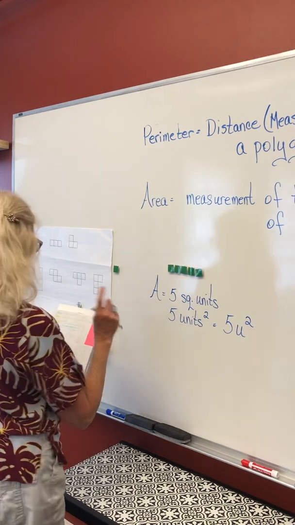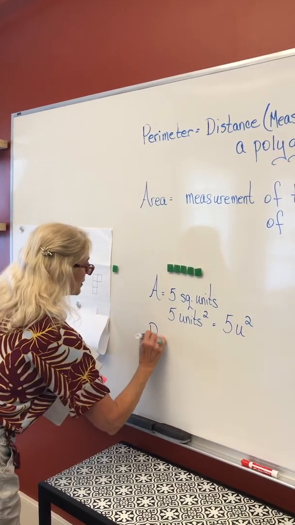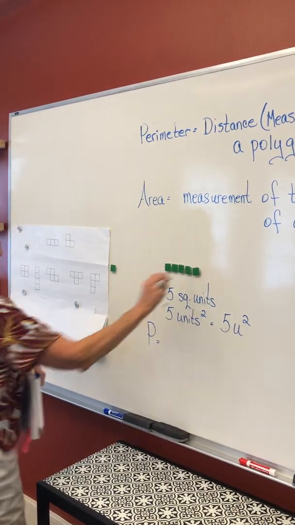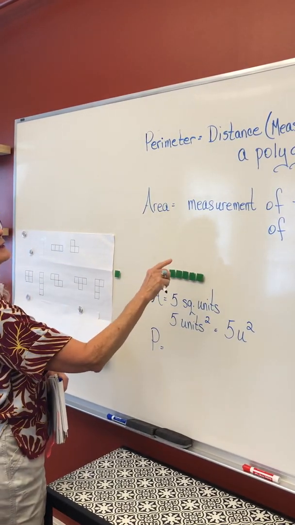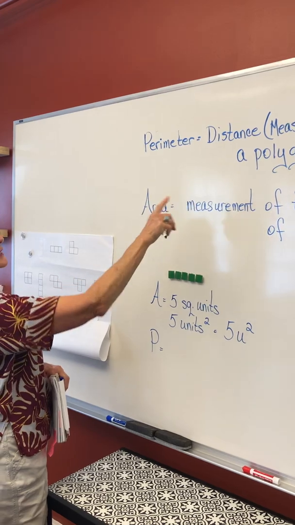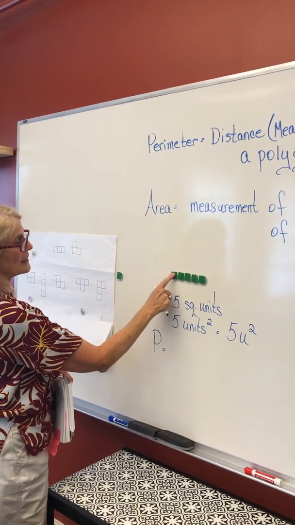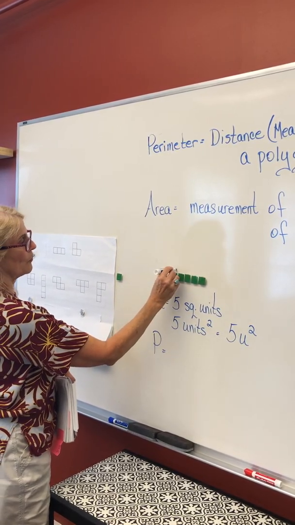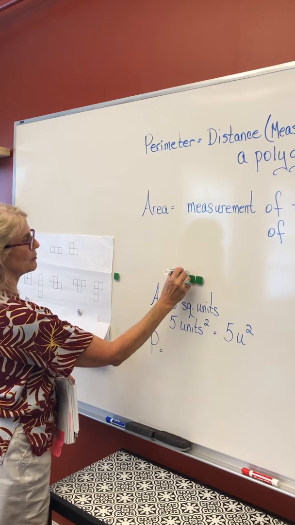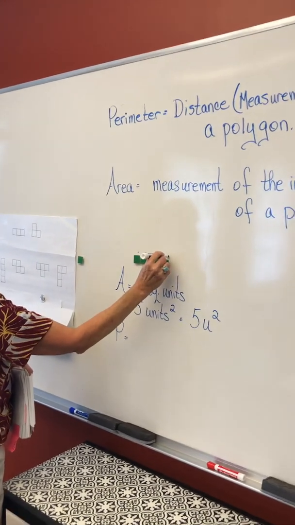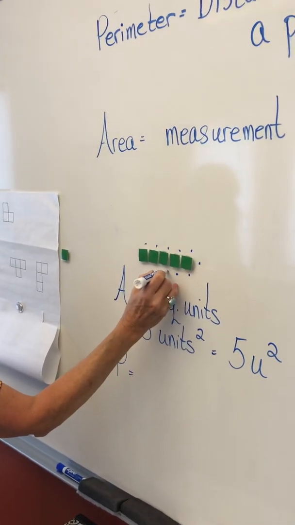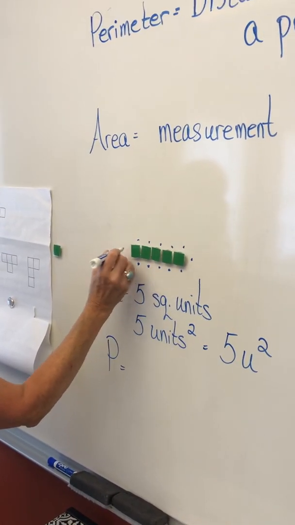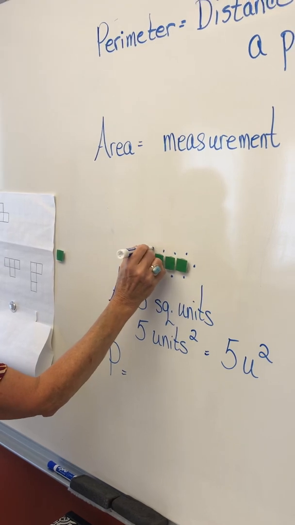All right, but let's look at the perimeter. The perimeter is a little trickier. The perimeter, we are going to go around each of the outside edges, all right? The distance around. So I'm counting these squares. So I have 1, 2, I'm just gonna put a little dot here, 3, 4, 5, this side, 6, 7, 8, 9, 10, 11, 12, all right?